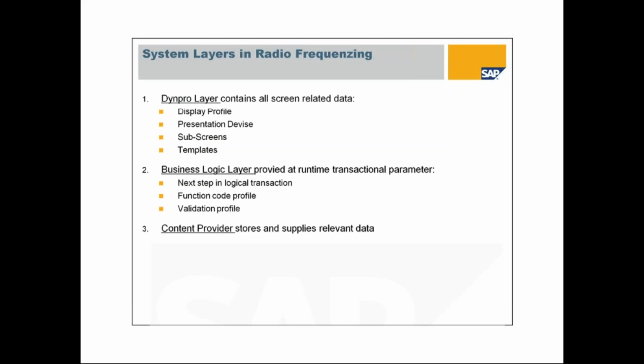Business logic layer. For example, if I click on one button or any function key, it navigates to the next step, which is called a logical transaction. If I click on enter, what will be the next transaction? If I click on skip, what will happen? If I click on back, what will happen?